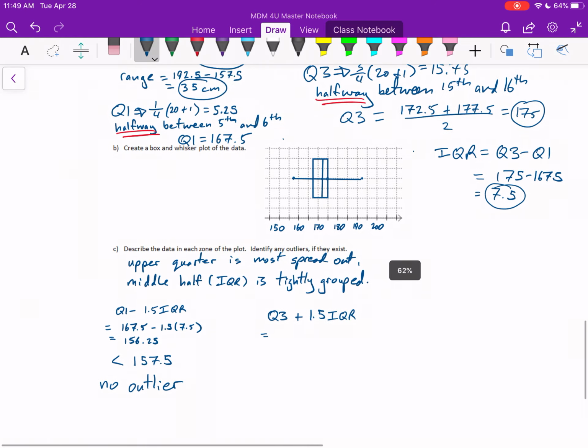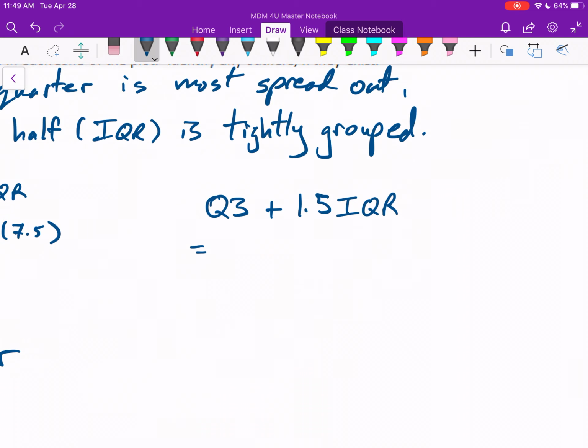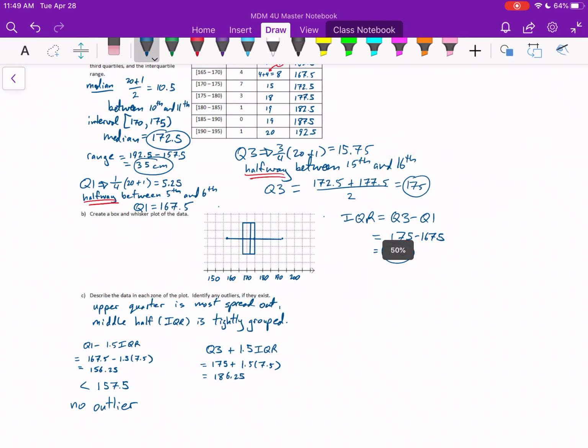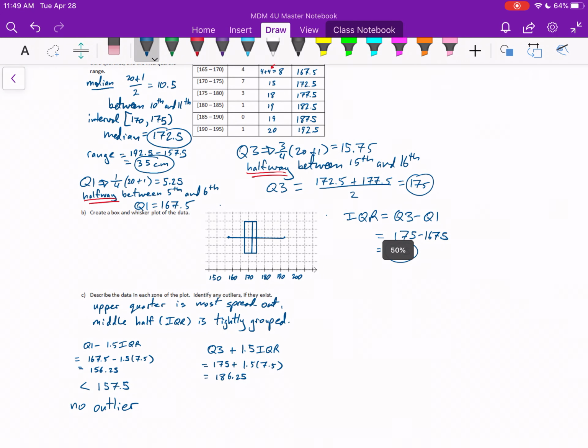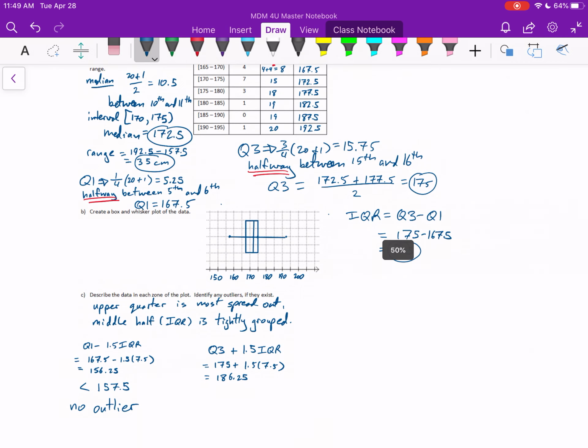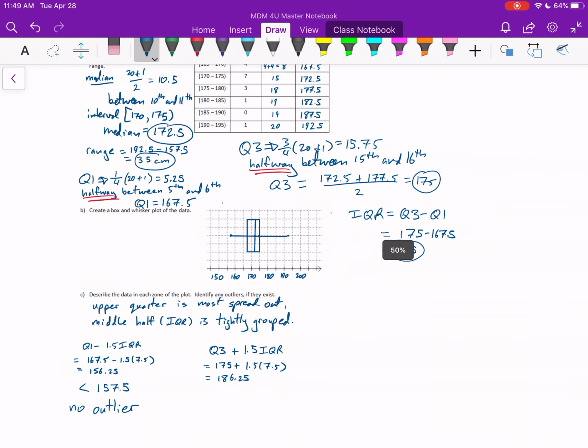And Q3 was 175. That works out to be 186.25. And we do have some numbers that are greater than that. We had 187.5 and we had 192.5.